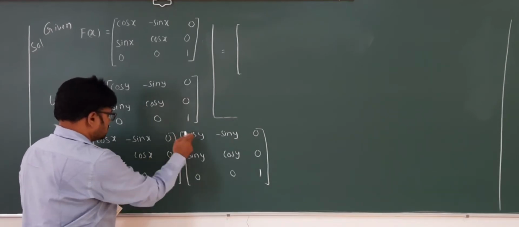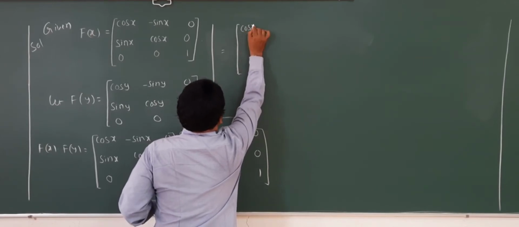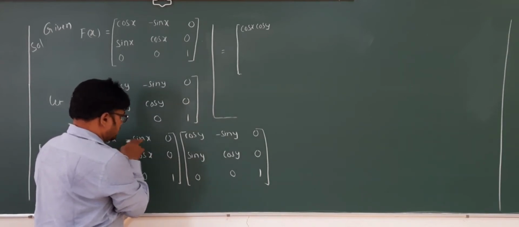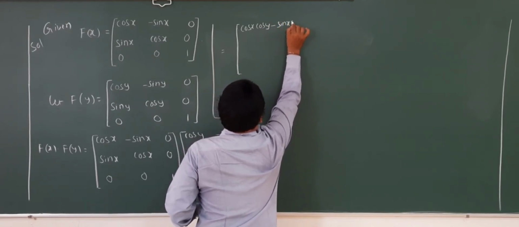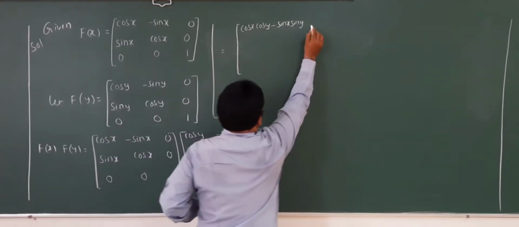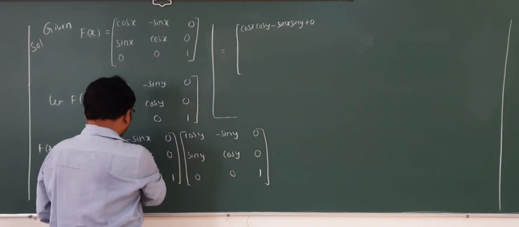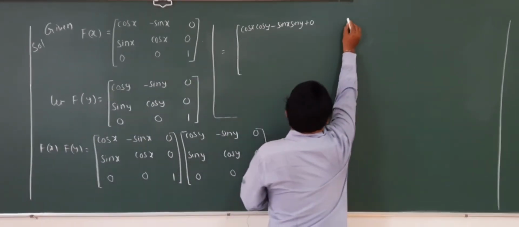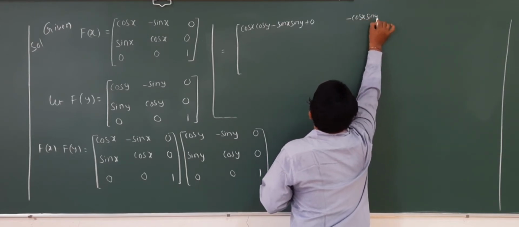Now, first row, first column: cos x into cos y, cos x cos y. Next, minus sin x into sin y, minus sin x sin y, plus 0 into 0, plus 0. Next, first row, second column: cos x into minus sin y, minus cos x sin y.